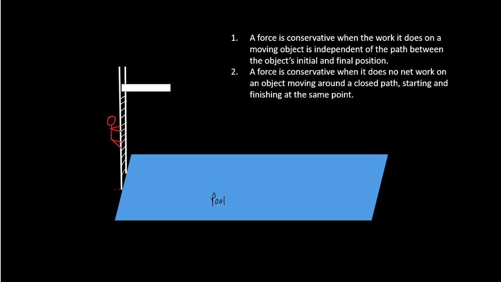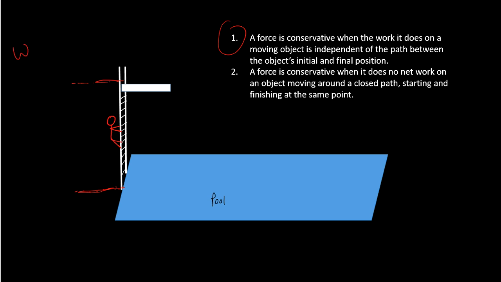Well, let's see if my much more technical definitions fit this also. The first one said that a force is conservative when the work it does on a moving object is independent of the path between the initial and final positions. Here's what it means. Let's say that the kid started here, and let's say they end here.